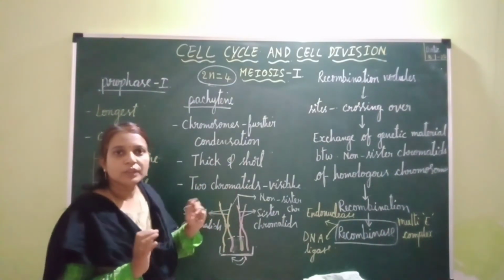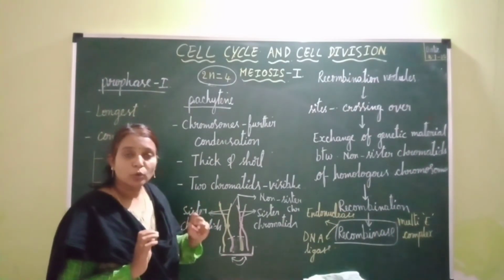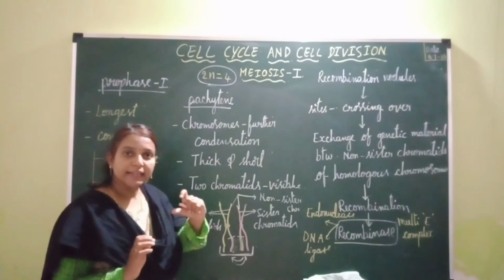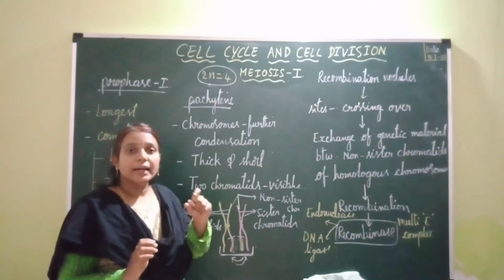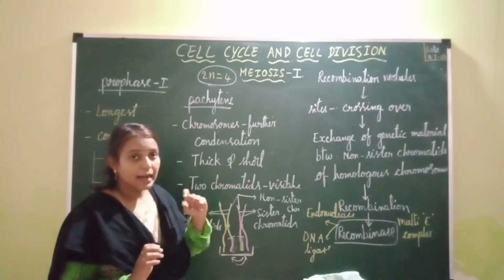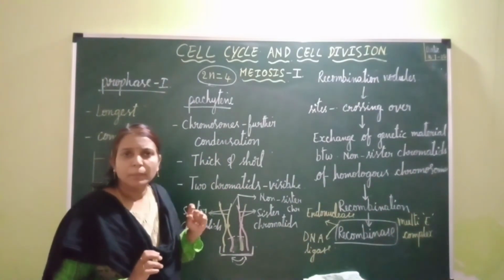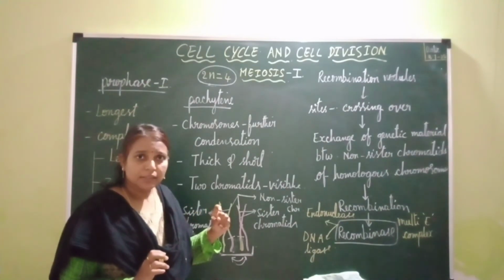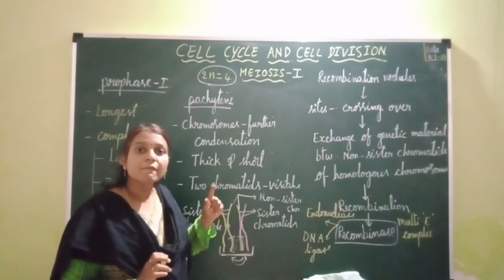At the sites of these crossing overs, these chromosomes appear dense or dark. These dark colored points are called recombination nodules, because at these points, the recombinase enzyme is working.